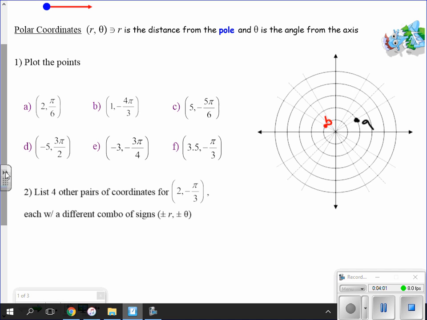That's where B would be. Starting to make sense? C is (5, negative 5 pi over 6). So 5 is 1, 2, 3, 4, it's the outside ring. Negative 5 pi over 6, 1, 2, 3, 4, 5 pi over 6 puts us here. That's where C is.